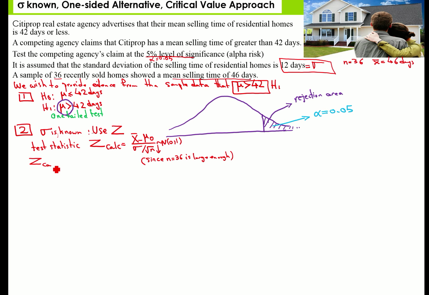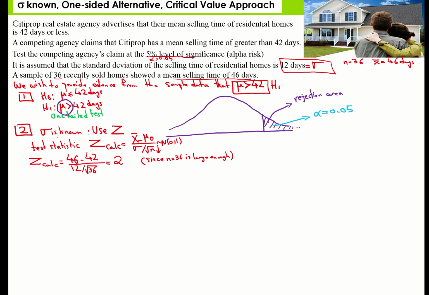Now we can find the z calculated by substituting the values. x bar is 46 days, mu 0 is 42, sigma is 12, and the sample size is 36. We calculate it and see that the answer is 2.